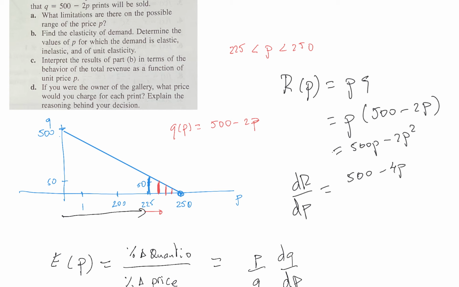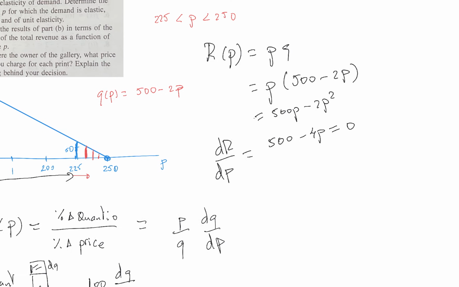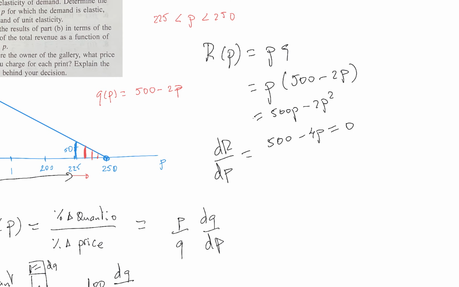And I want to set this equal to 0 to have the slope 0, to be a maximum. I hope it's a maximum and not a minimum. Of course, it's a maximum. So the derivative of R with respect to P equals 0 means that 500 is equal to 4P.